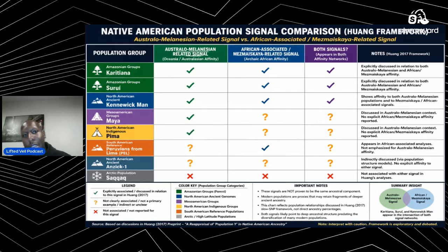And then they also show in this study the Kennewick Man, or at least the Mesmachia related signal. All right, which is basically Kennewick Man, at least the archaic African portion of his genome, right? Kennewick Man shows Australo-Melanesian related signals as well as African-associated Mesmachia related signals. He carried both as well. Very interesting.